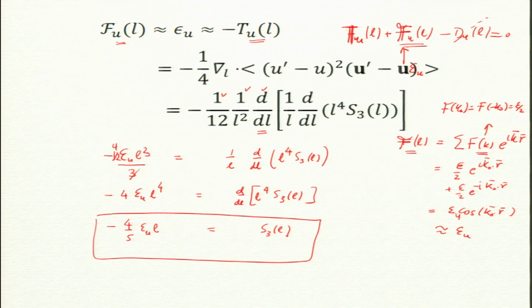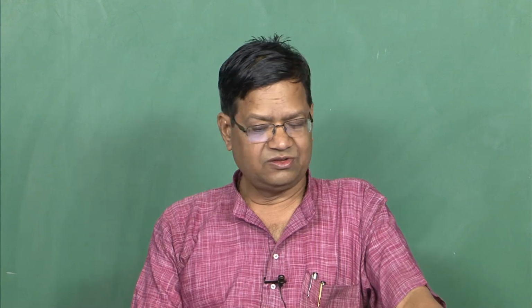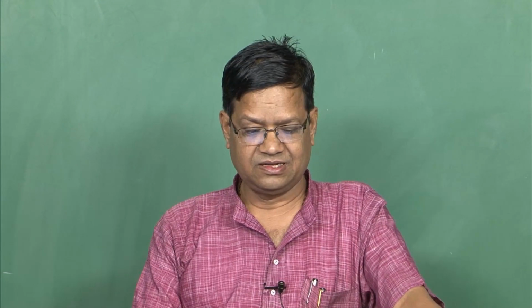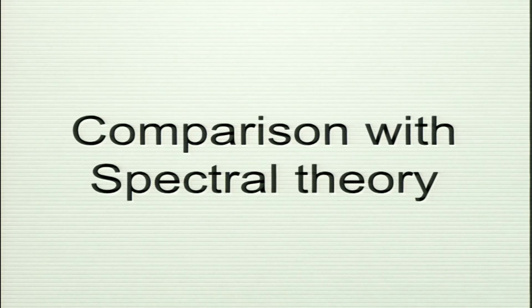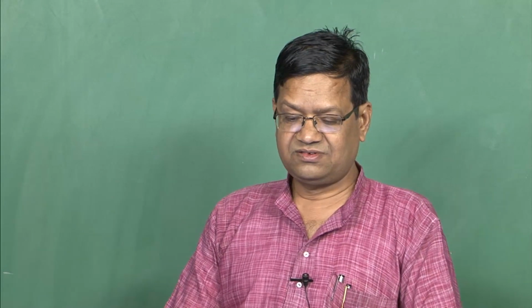Now, just to complete the story, this is for the third order structure function. I want to say how to relate this with the spectral theory, our Fourier space theory. So the connection is the following.